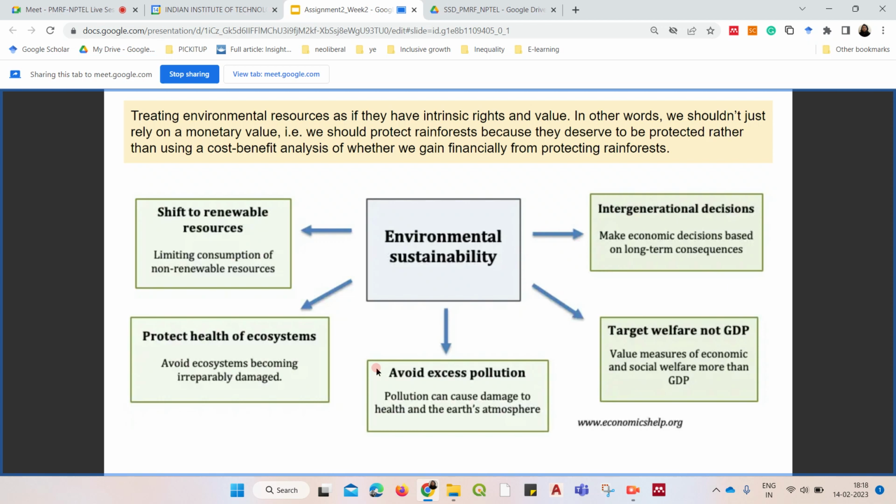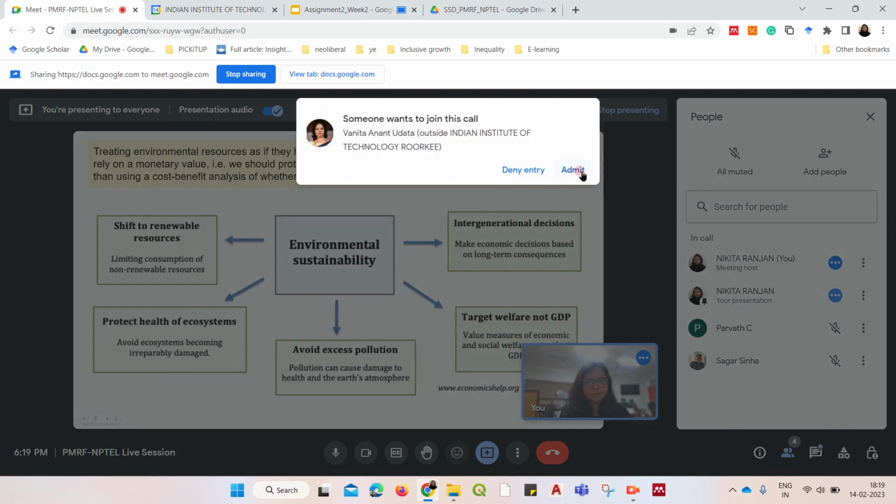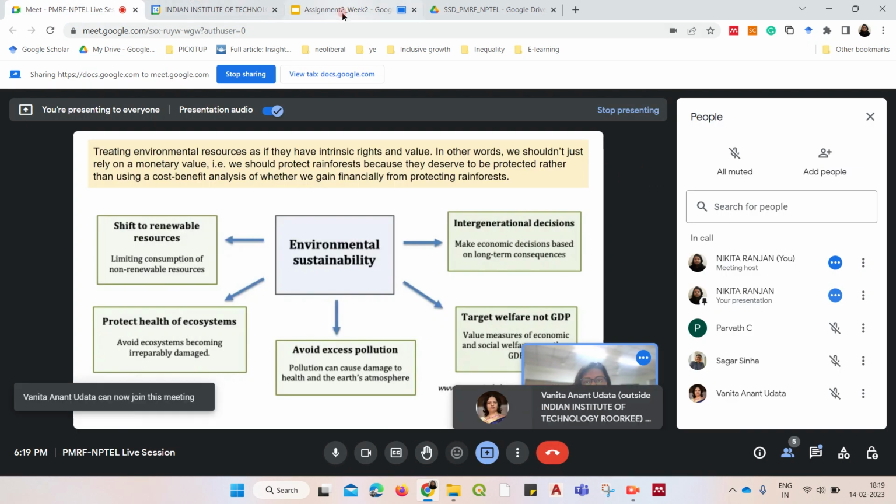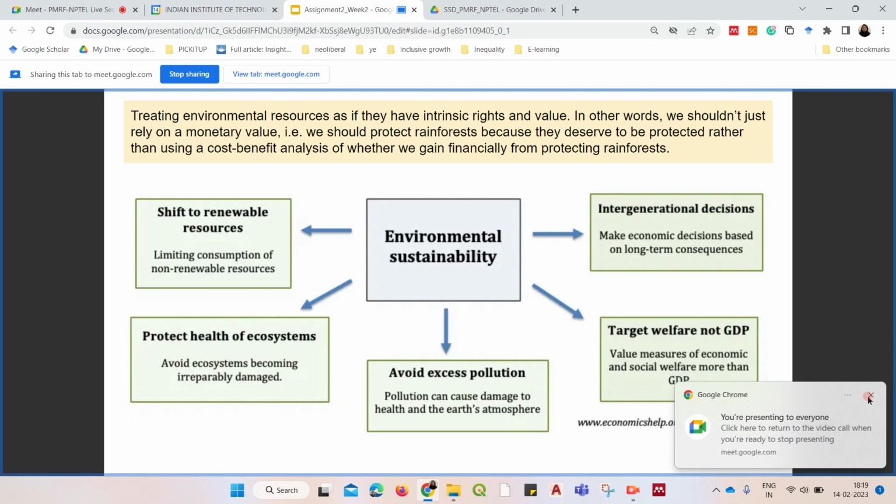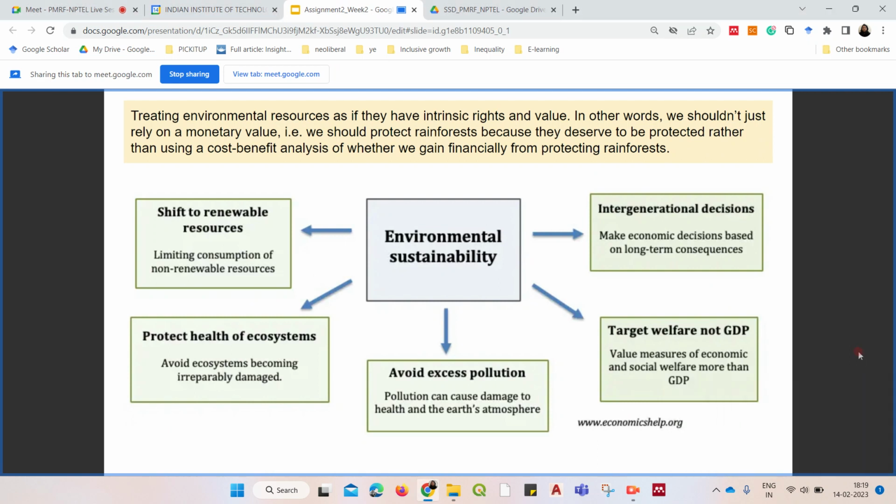So while we talk of GDP, that is what economic output humans are able to get from those resources, we should also see to the welfare of what all members of the community and all members of the ecosystem get from the use of the environmental resources. So that is what is meant by targeting the welfare and not just the GDP.